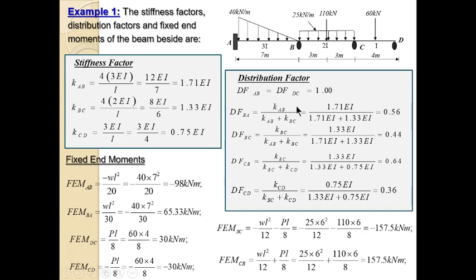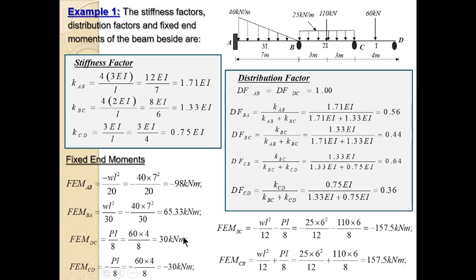We go ahead to the fixed end moment for DC. That is here. We are now looking for the fixed end moment at this point. For DC, that is D going to C, because it is the right support, it is positive, but this is a point load acting at midspan, so it's PL over 8, and P is 60, L is 4.